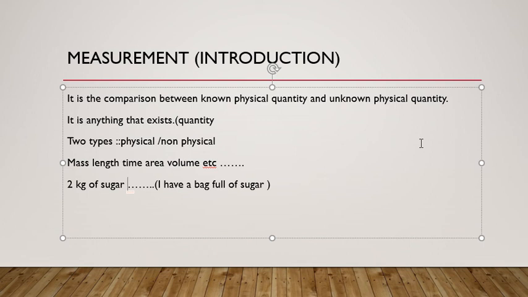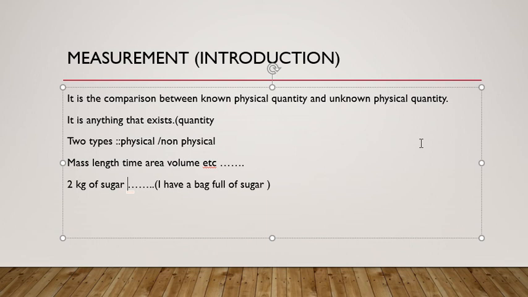Simply, while going to a shop, we can see some measuring instruments like the measuring balance, or these days digital measuring machines. If you order 2 kg of sugar from that shopkeeper, he or she will hand over a bag, and then add small amounts of sugar until the arrow or the mark says it is 2 kg.